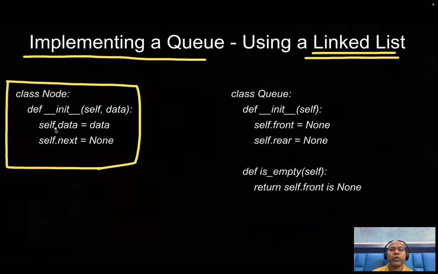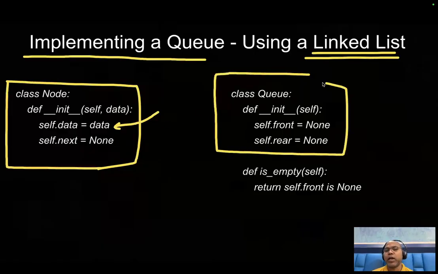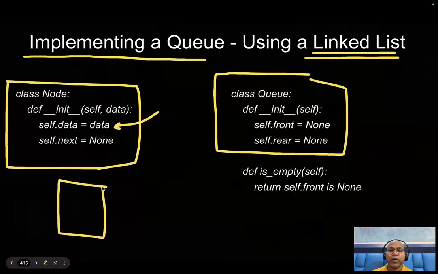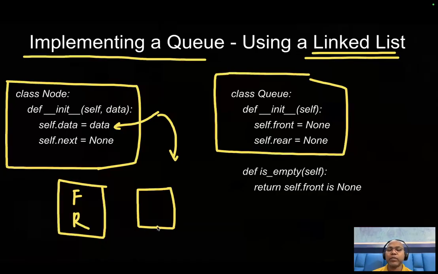Notice the node has a particular data element that it is holding, and now we can create one class queue, and the queue has two pointers, one to the front and another to the rear. Whenever someone is going to insert a new element, you can add elements, and you can assign this as my front and this as my rear.